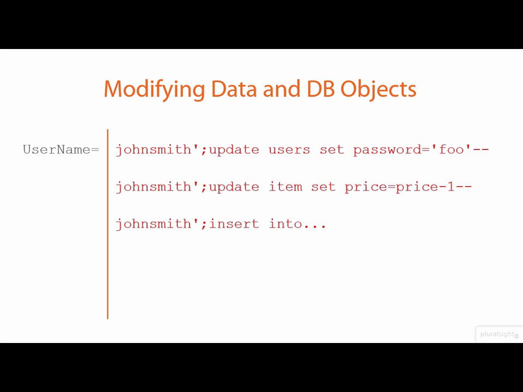Now, of course, this is only going to work if the account that the web application is connecting to the database with has the rights to insert into the target table. And that is a really, really important concept in SQL injection. It's particularly important when you get to malicious statements like this. Dropping tables. Does the account that the web application is using have the rights to actually change the underlying schema?